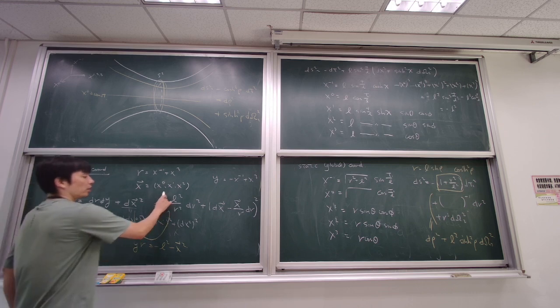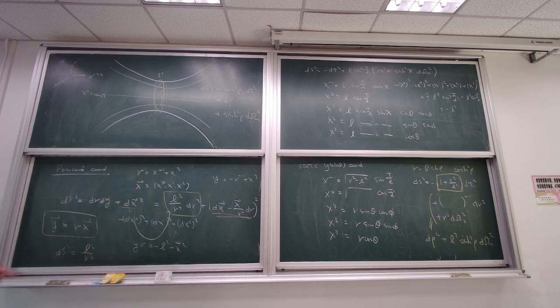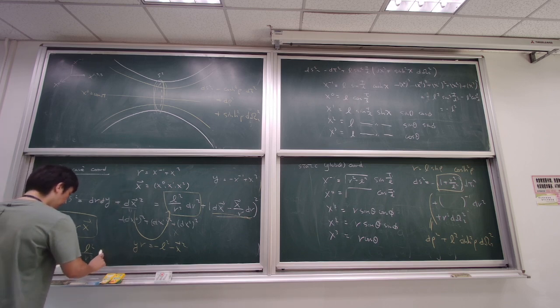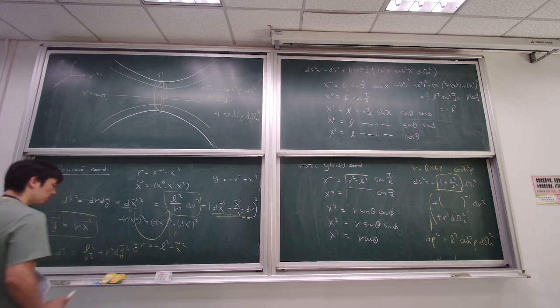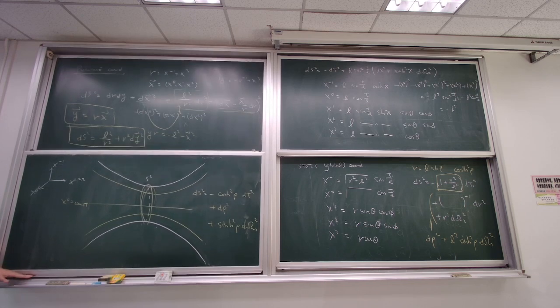This part is the same, but because of introducing the R coordinate, one can replace this part by R square dy square. So it's a very simple form. Okay, so this is called the Poincare metric.